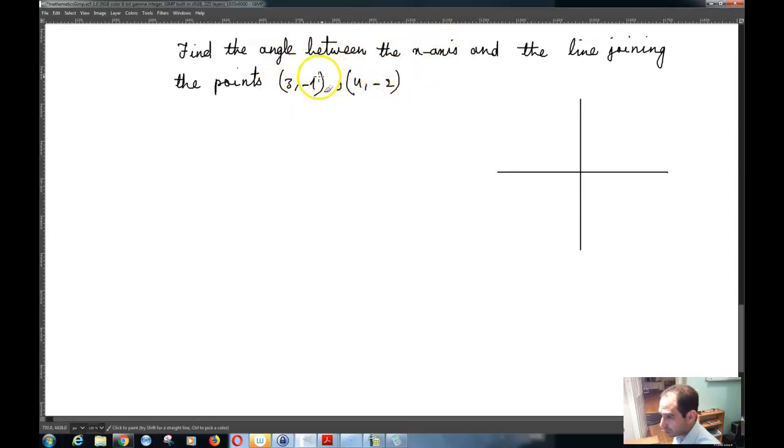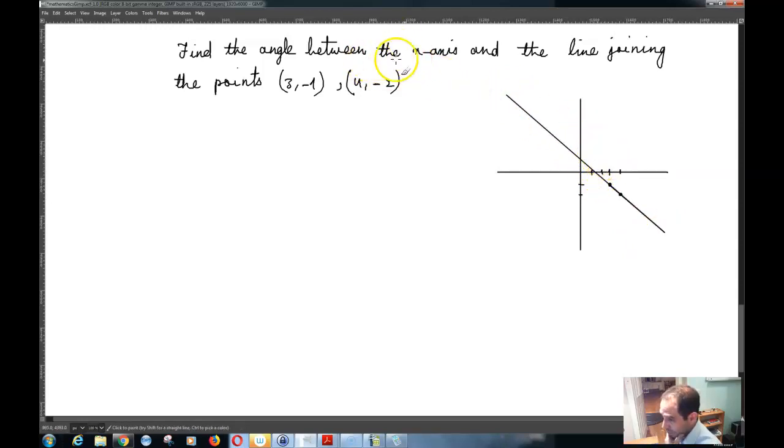For example, 3, negative 1 would be a point over here, and 4, negative 2 would be some point over here. The line is going to be something like this.